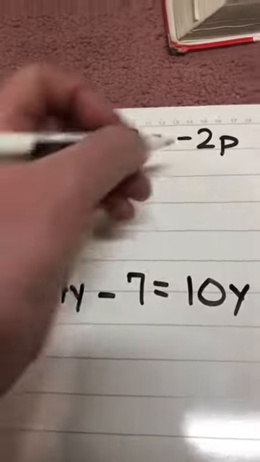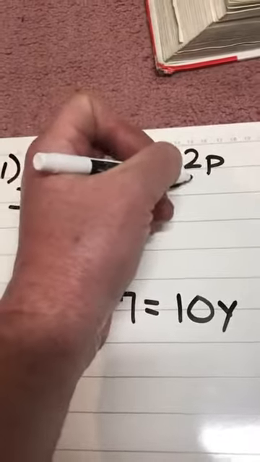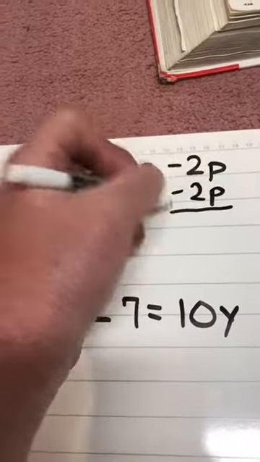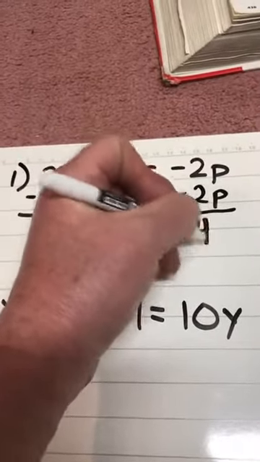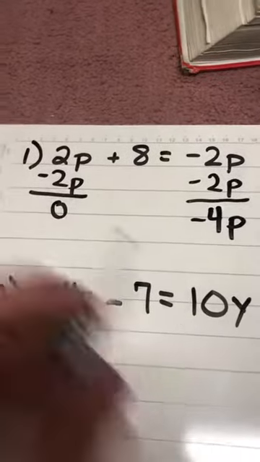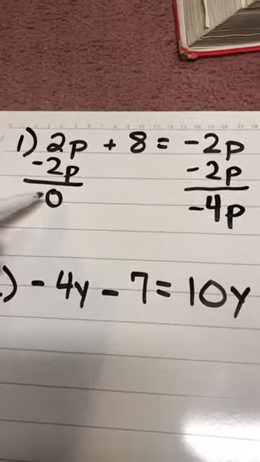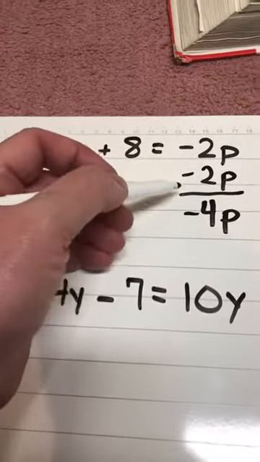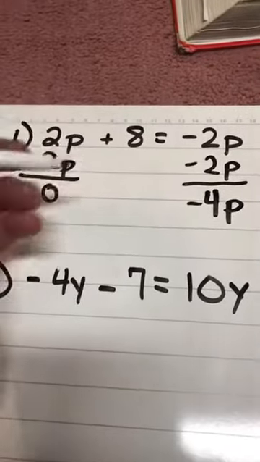That's going to give me 0. Then I'm going to come over here and subtract negative 2p, and that's going to give me negative 4p. So subtracting negative 2p here gives me 0. Subtracting negative 2p from negative 2p gives me negative 4p.